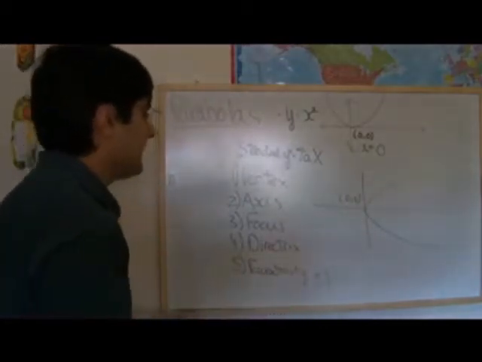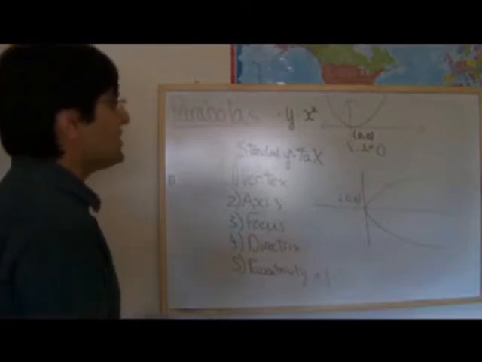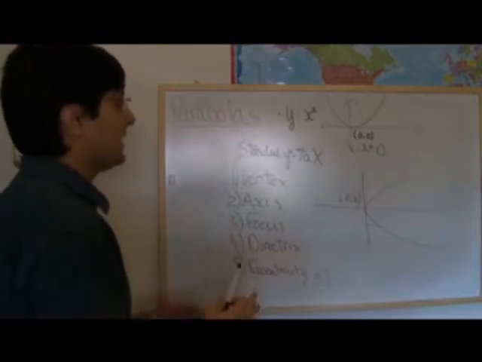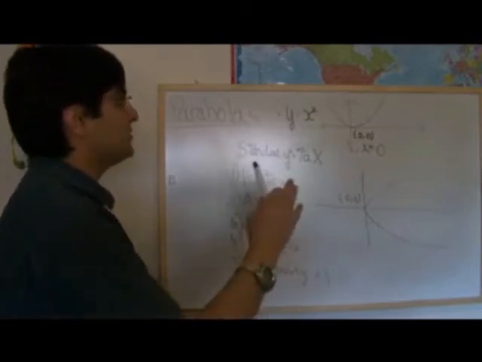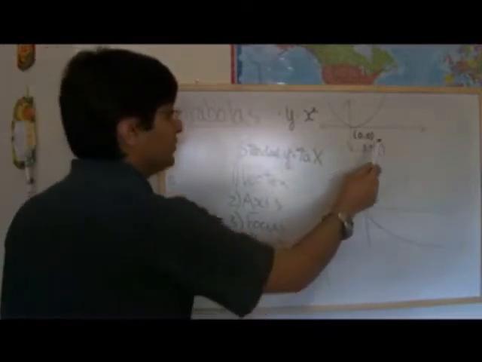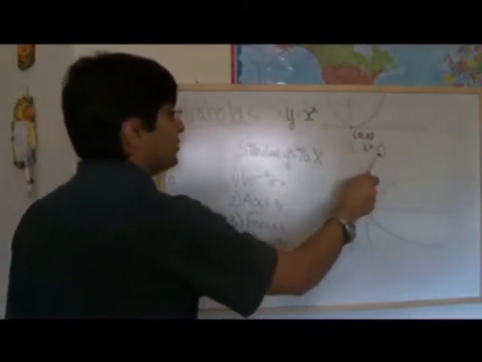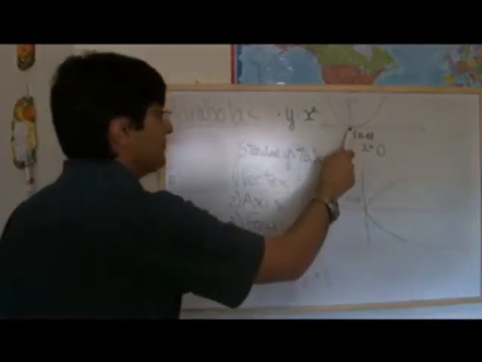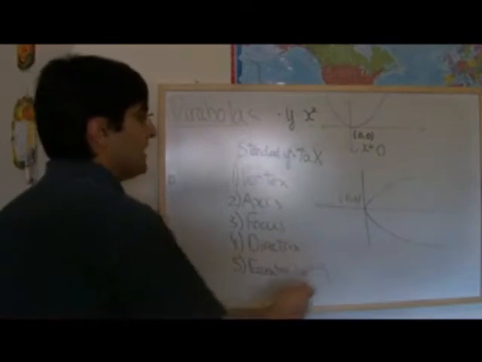The second feature I look for is the axis. The axis is a straight line through the vertex of a parabola that splits it into 2 symmetrical parts. In the case of y equals x squared that you've seen at school, the axis is the vertical y-axis, the line x equals 0, because it goes through the vertex and it splits the parabola into 2 symmetrical parts.